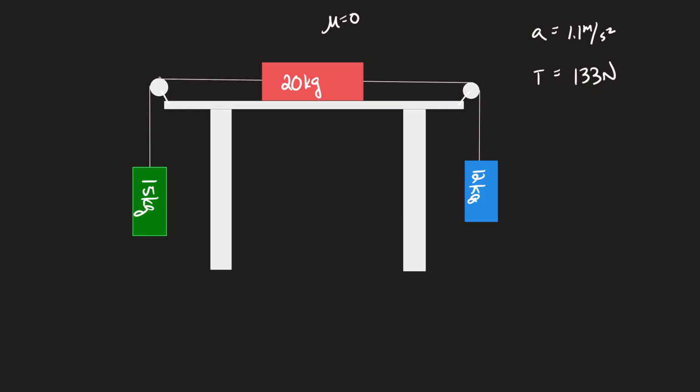More mass is having to be moved now than before. Here's the biggest change. This box, the only way it accelerates is if it too is experiencing an unbalanced force. What that means is that there's going to be one tension on the right side and a different tension on the left side. And that's how this problem is going to be different.